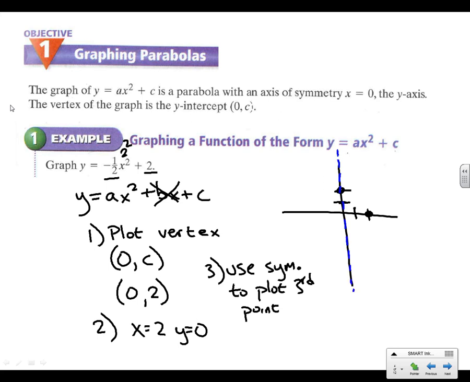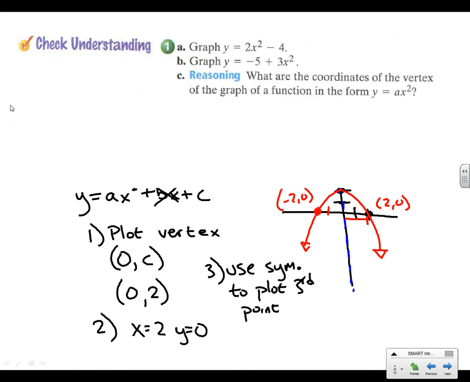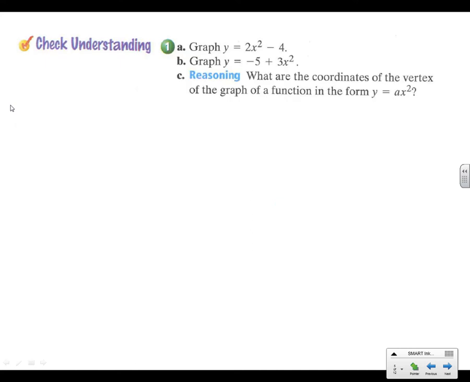So we know that since this was 2 to the right, we're going to have another point, 2 to the left. So if we have 2 comma 0, we're also going to have negative 2 comma 0. Symmetric about the line of symmetry, the blue line there. Curve through your 3 dots, and there you go. There is your graph. All right, so see if you can do the same thing for understanding check number 1.